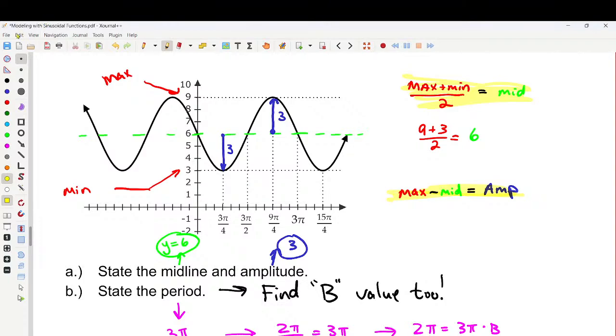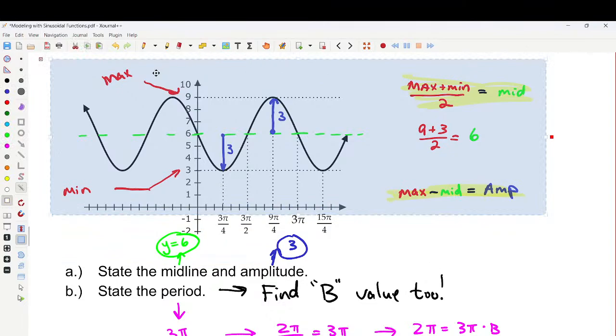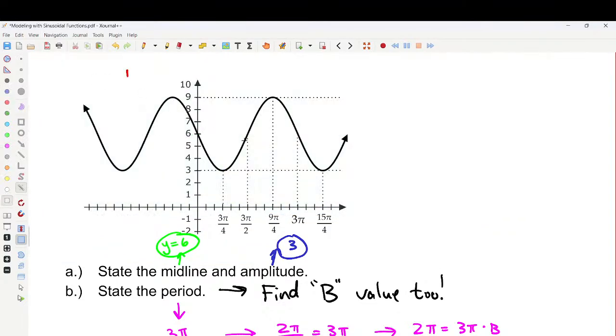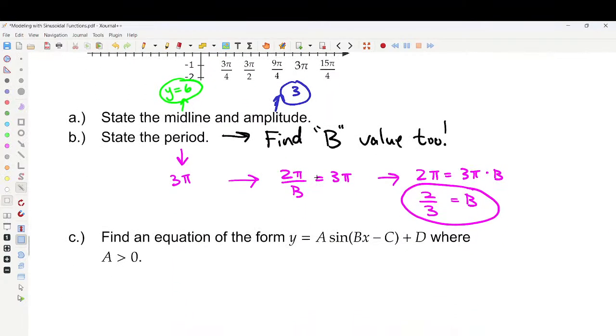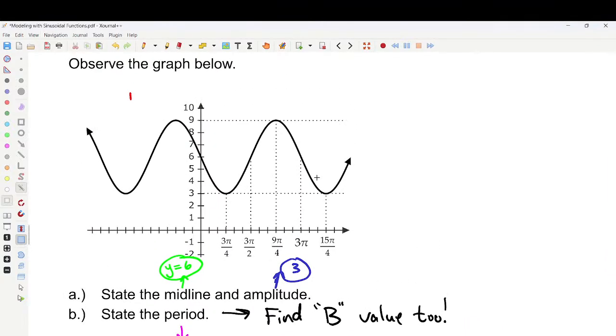From there, let's see what we need to answer. Find a sine equation, and a has to be positive. And at the end of the day, clean up your inside. All right. If a is positive, I'm looking for a crest followed by a trough.